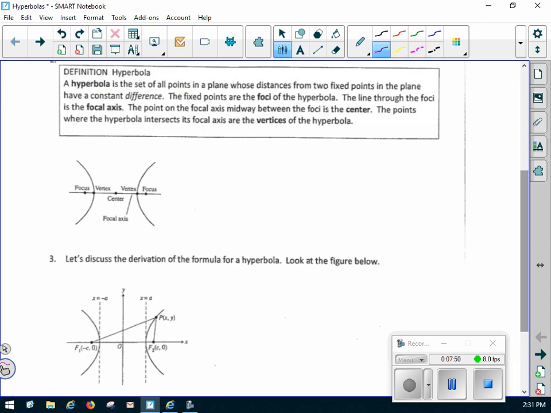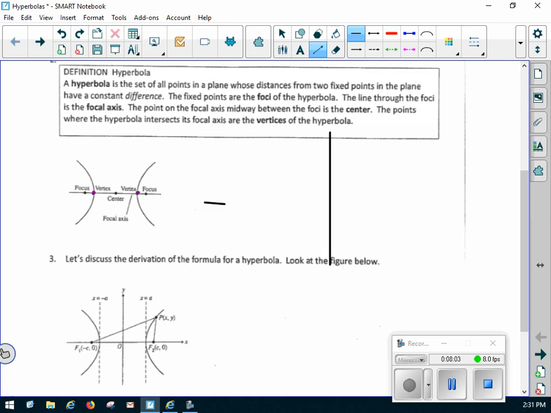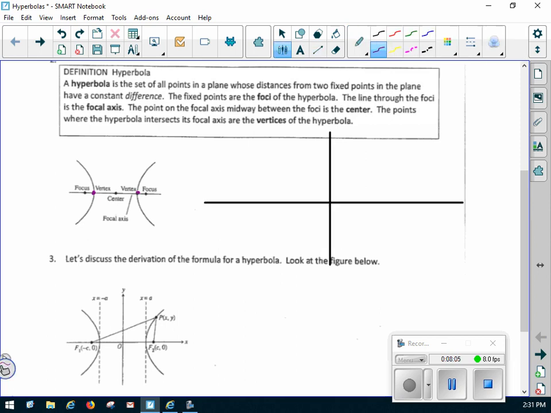Let's look right here. We have our two vertices. Let me draw it bigger so Cameron can see better. I've got two vertices. There's a vertex and there's a vertex. Now I have my foci.